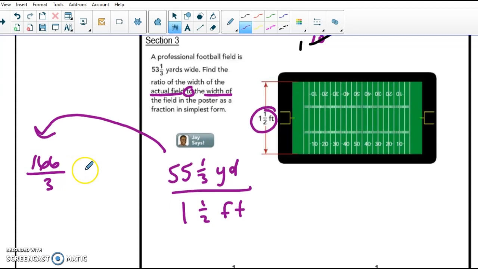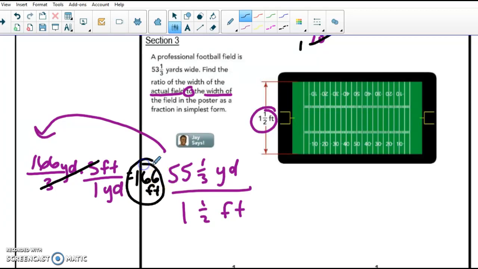So I know that there are 3 feet in a yard. So for every yard, I am going to multiply by 3 feet to a yard. And when I do that, I can cross cancel and realize that this is 166 feet.